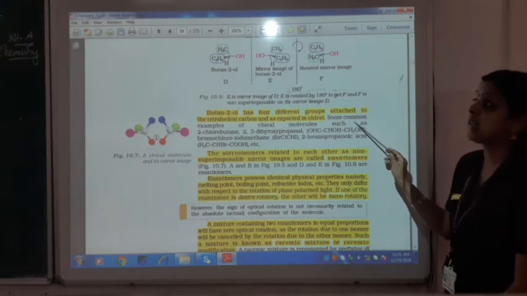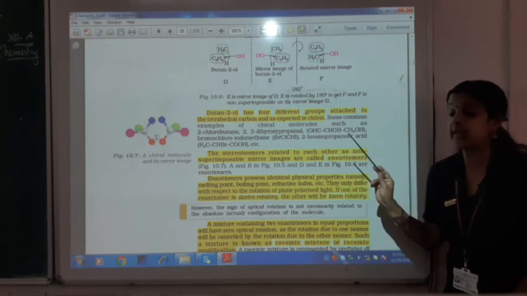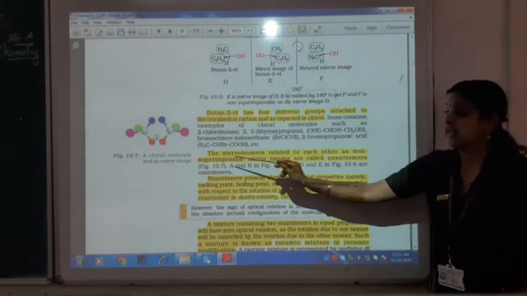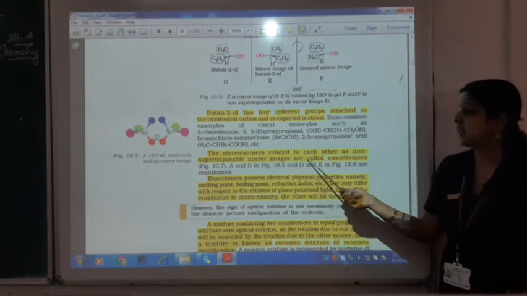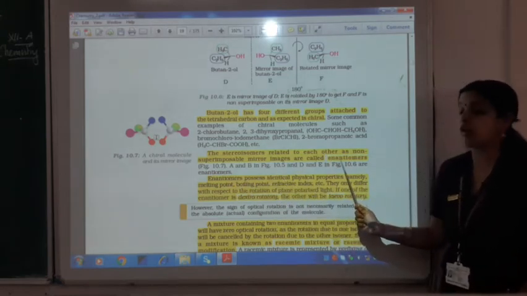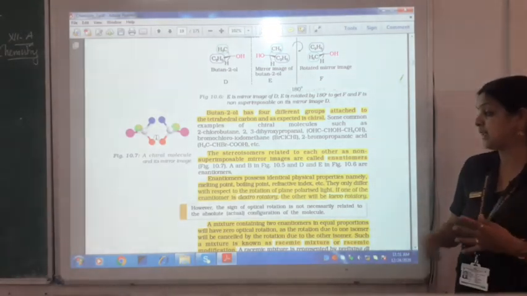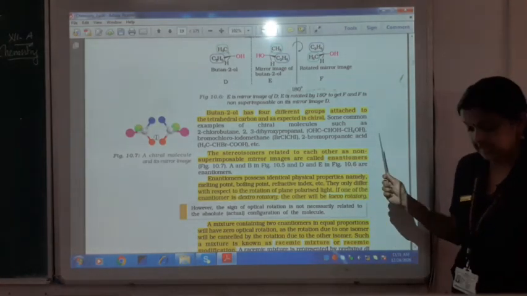Now, chirality we have learnt with carbon having 4 different groups forming non-superimposable images. Now, the stereoisomers related to each other as non-superimposable mirror images are called enantiomers. So, instead of calling them optical isomers, you call them enantiomers.